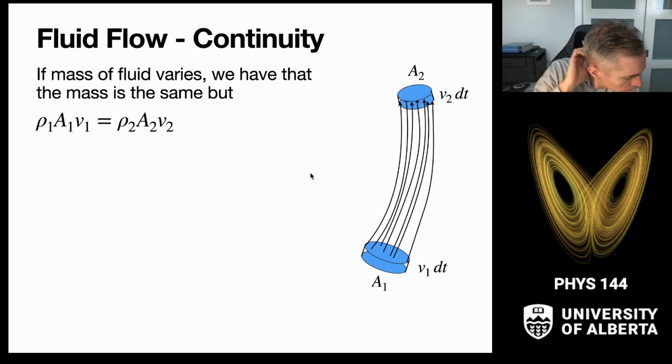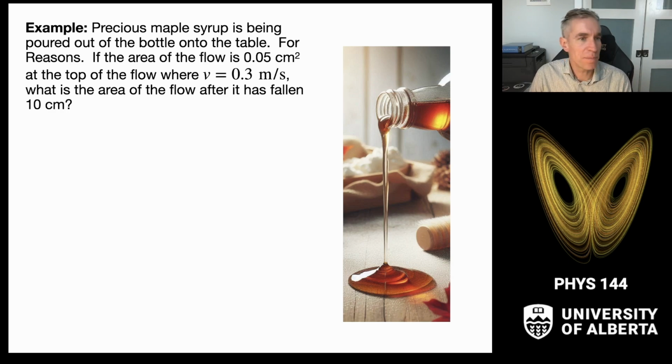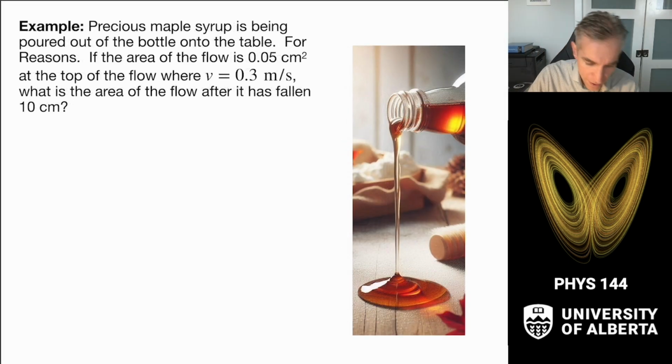And one case where you really end up seeing this a lot is basically when you're pouring a fluid. You can see this phenomenon at work. And here, I think about our precious Canadian maple syrup being poured out onto a table for some reason.